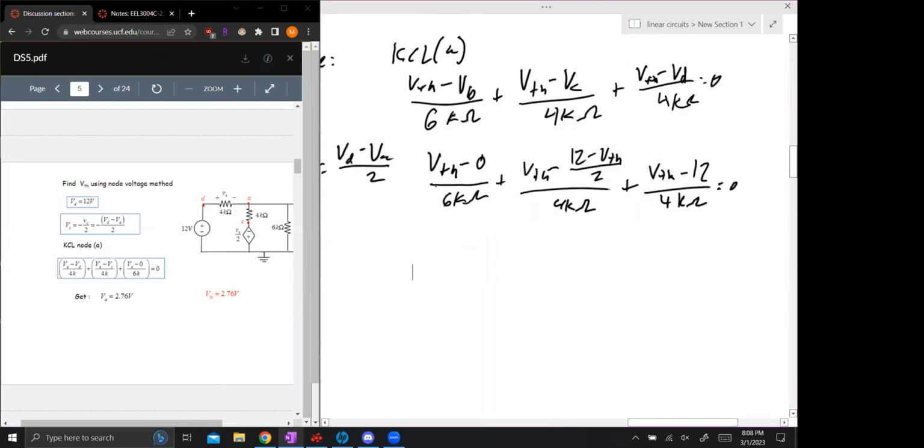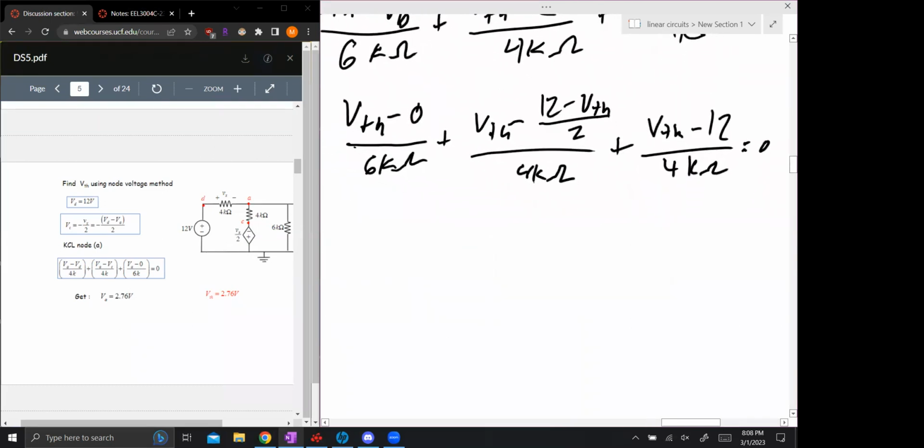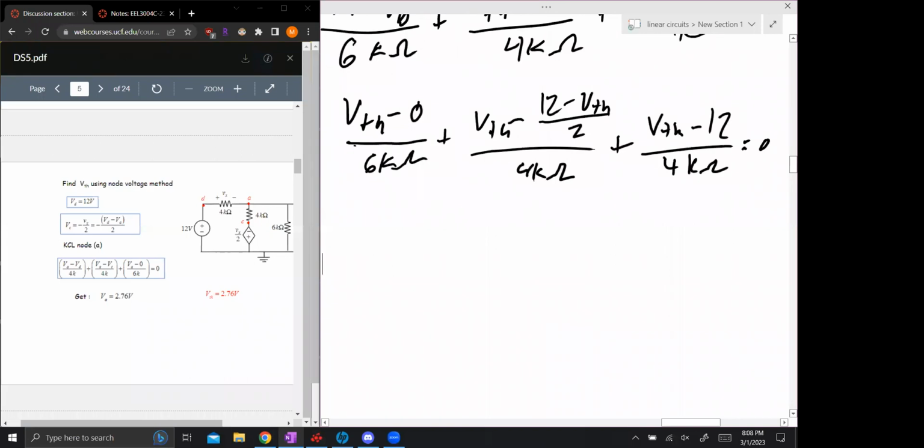Okay. V Thevenin over 6 kilo ohms plus V Thevenin over 4 kilo ohms minus, oh, that could have been where I went wrong.